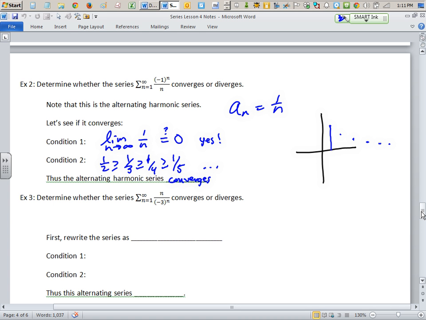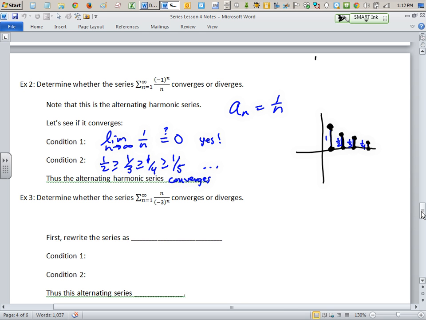Here's the graph of the one without the alternator. This is length 1, this is length 1/2, this is length 1/3, this is length 1/4, and so on. You can just think of these as little segments.